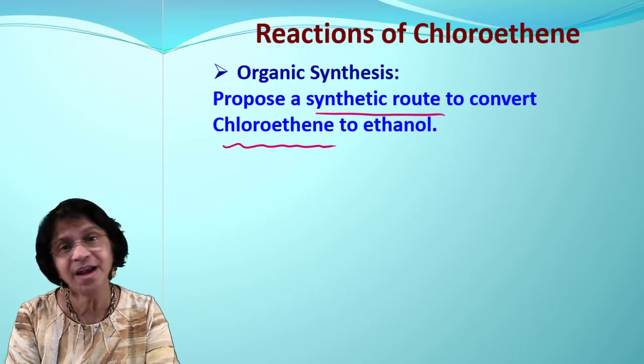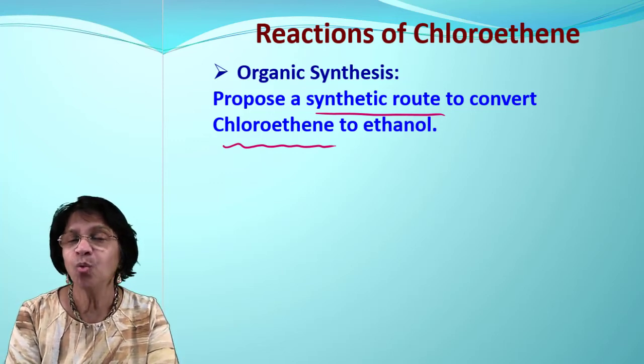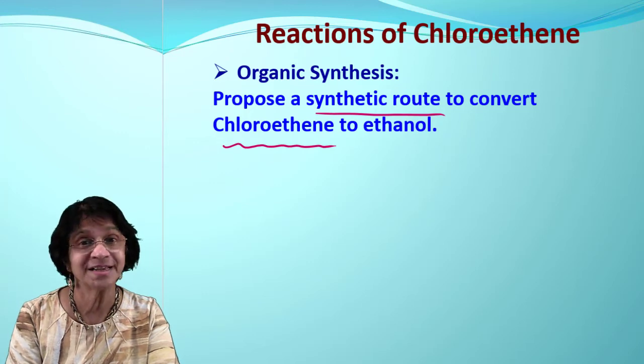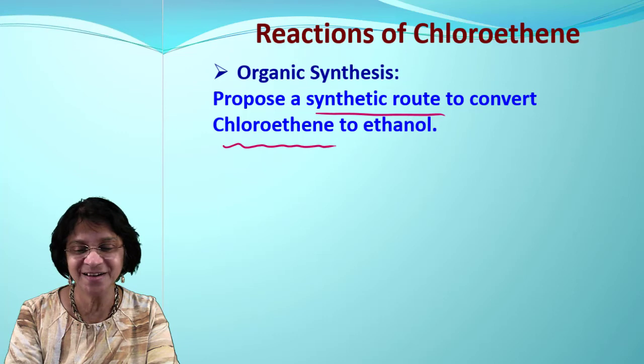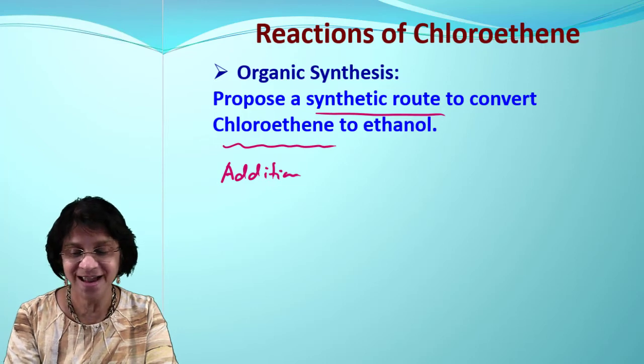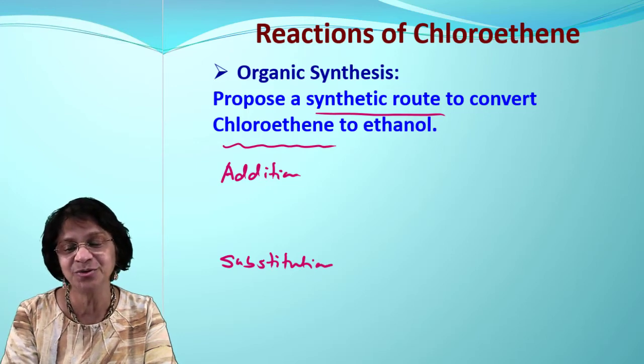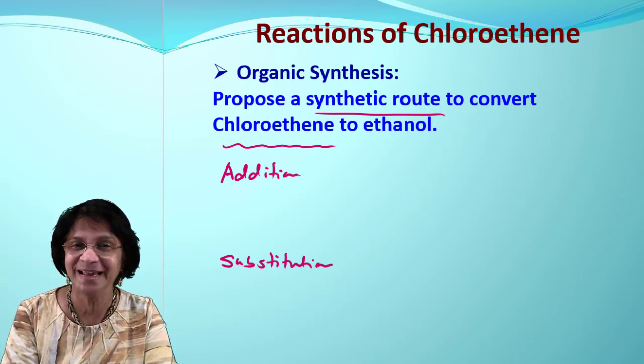If you want to end up with this product, what do you need to start with? What are the chemicals and all such things? So let me give you a hint here. We have to go through two processes, the first one is addition and the second one is substitution, and that ends up as an alcohol from chloroethene.